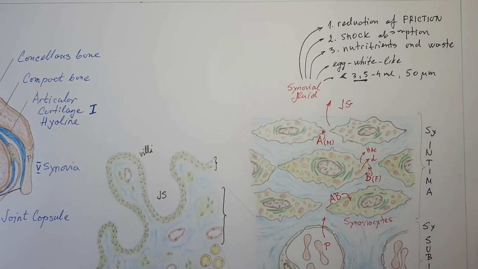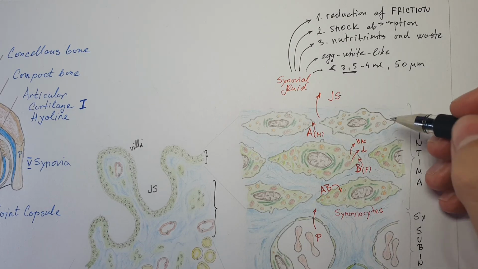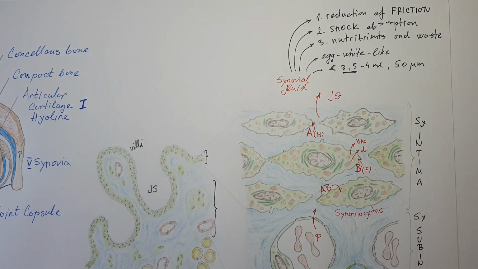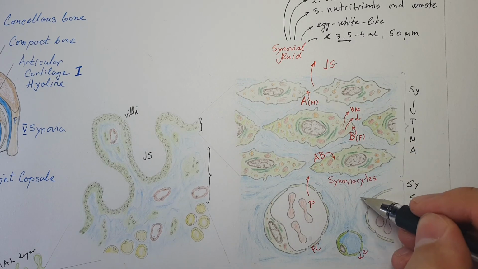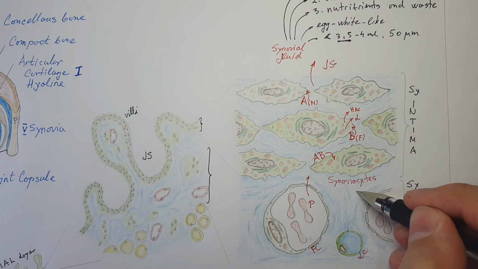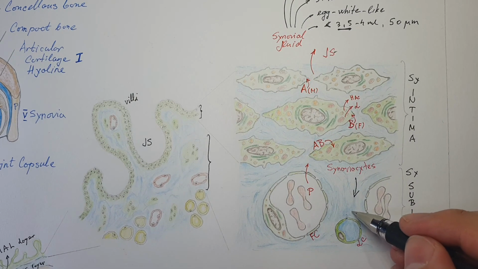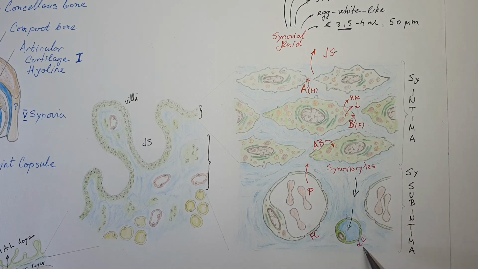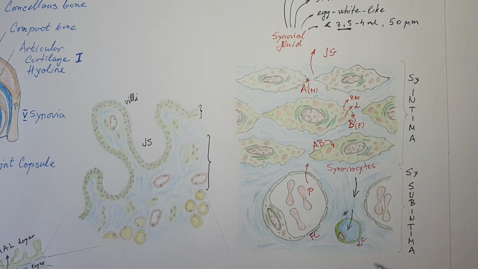Also, everything that is waste is being taken up when the joint moves. The pressure is being produced, and then everything that is waste is going back. It is being filtrated into the lymph capillaries, and the lymph capillaries are taking up the waste products and eliminating them.